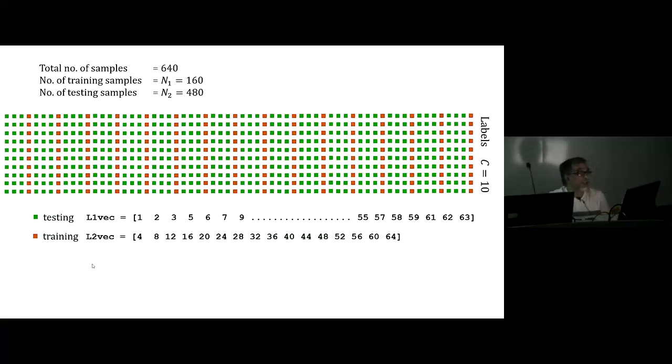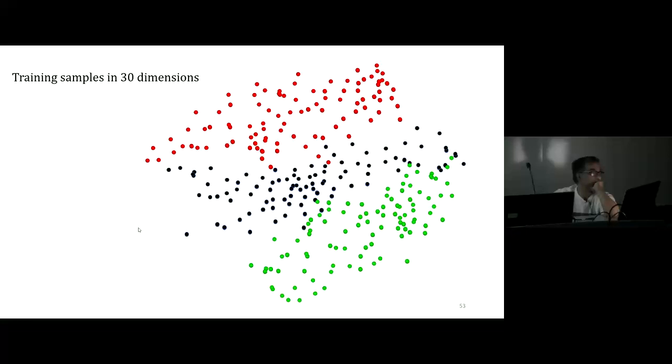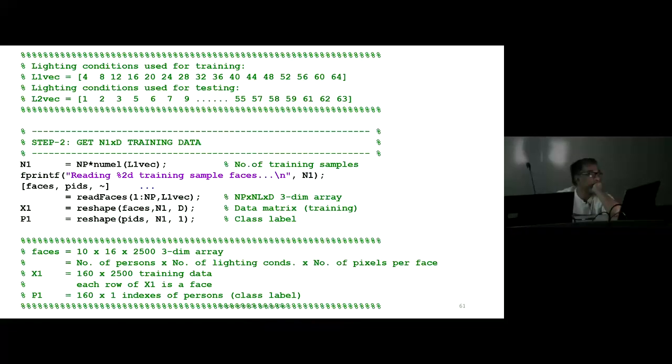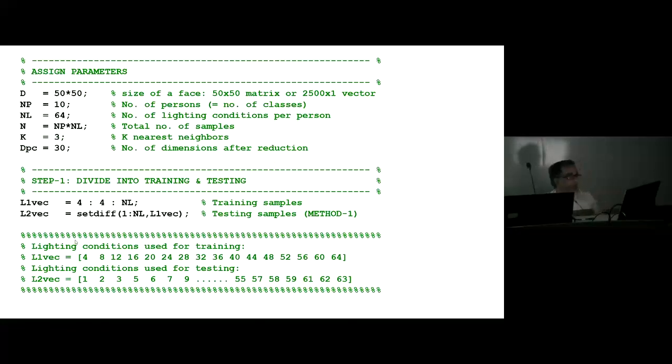Yes, so this should be L1 vec and this should be L2 vec. Yet another type of change. So this is L2 vec and this is L1 vec. This is what I get. These are the indexes of the lighting conditions.